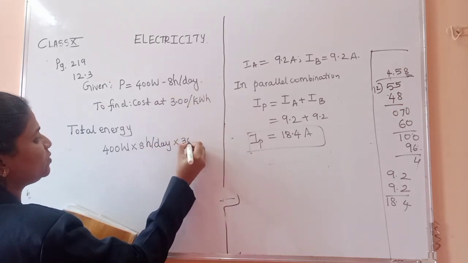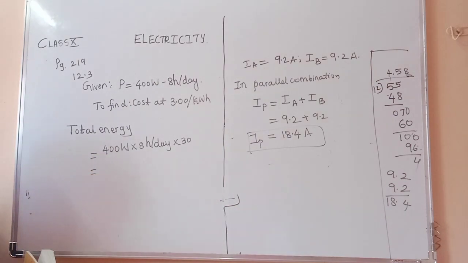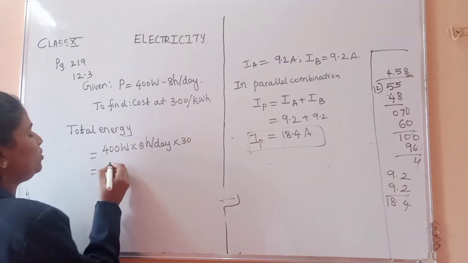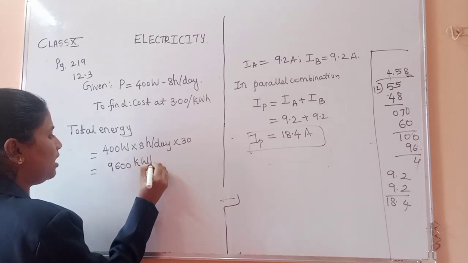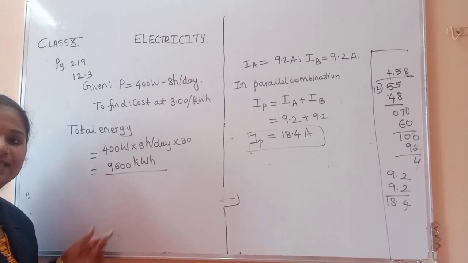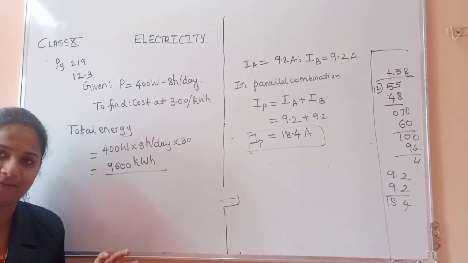Into 30 days. So when you calculate it, 4 8s are 32, 3 2s are 6, 3 3s are 9. So we will get around 9600 kilowatt hour is the total energy for 30 days.